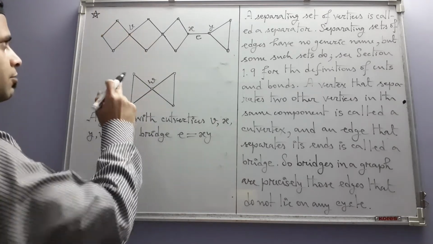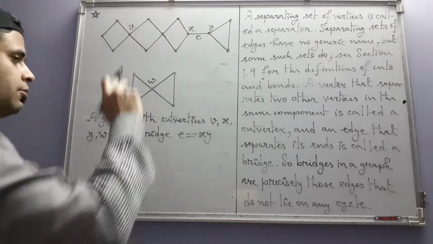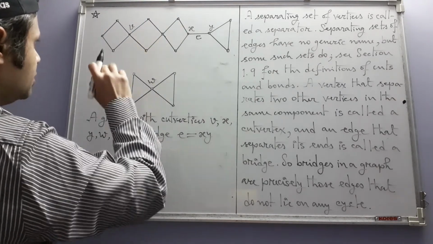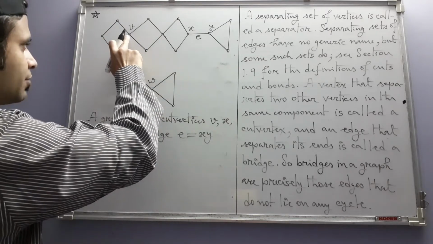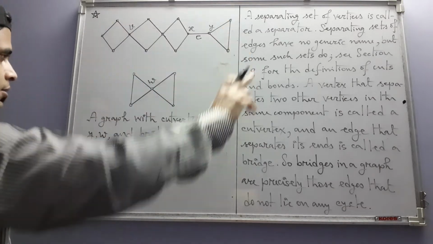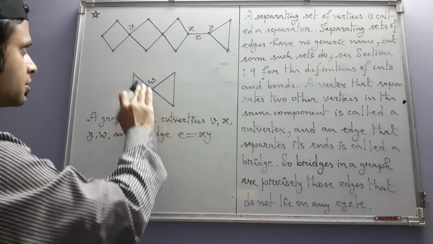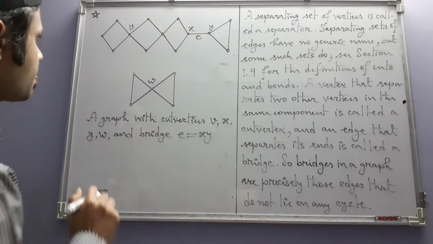Its removal, for example, will separate this vertex and this vertex. Or you can think of it in this way also. Removal of V increases the number of components. The original graph before removing V has 2 components. After removing V, it will have 3 components.